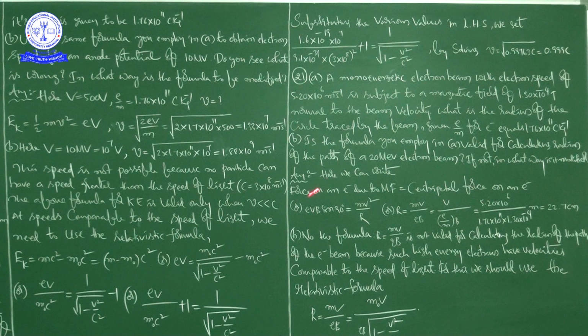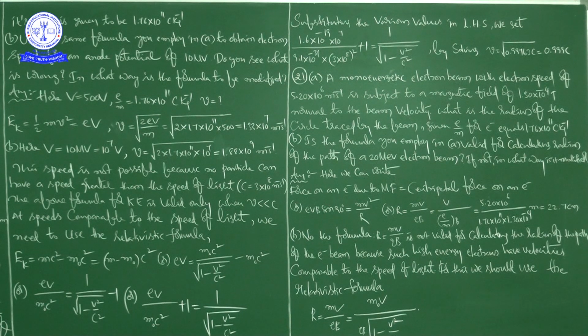You know the formula F is equal to qvB sin theta from that chapter. Just in place of q we have written e here. Finally evB sin 90 is equal to mv square by R, right?